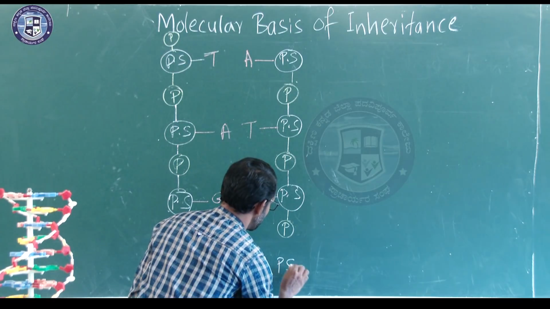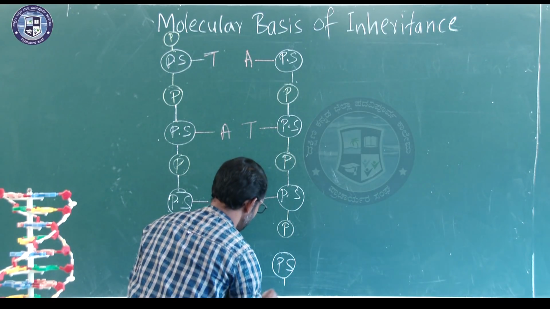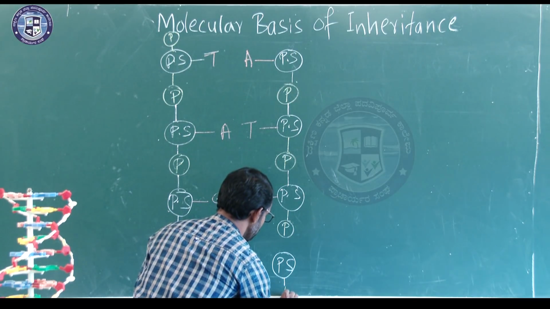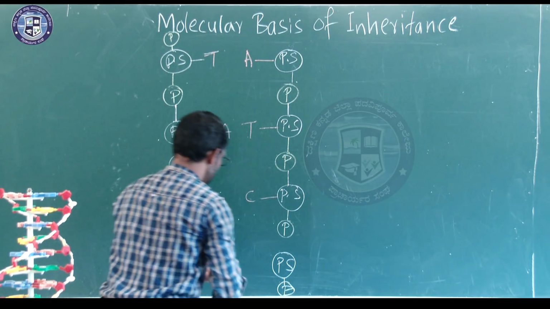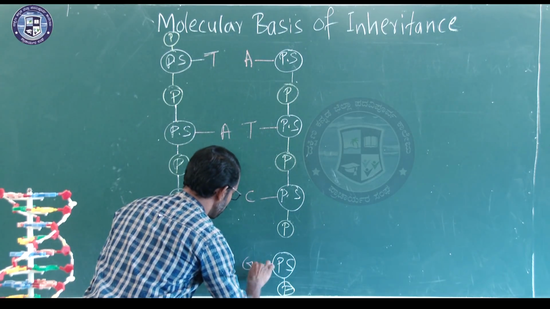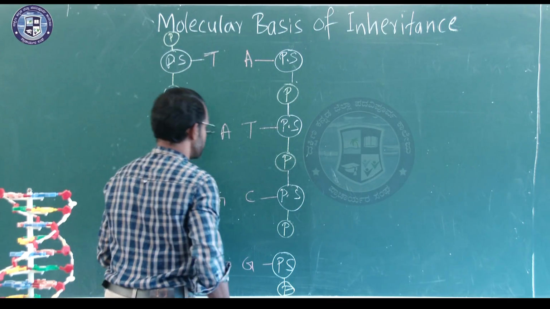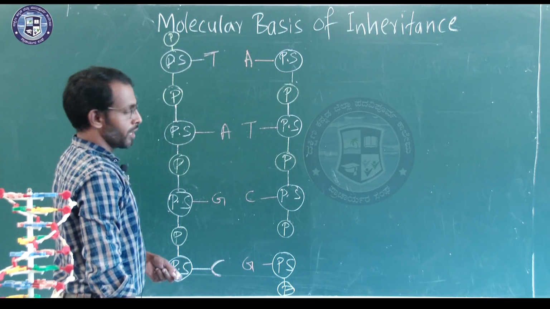You locate a pentose sugar here, and the pentose sugar once again has the phosphate group, and now I am placing guanine as a nitrogen base here.